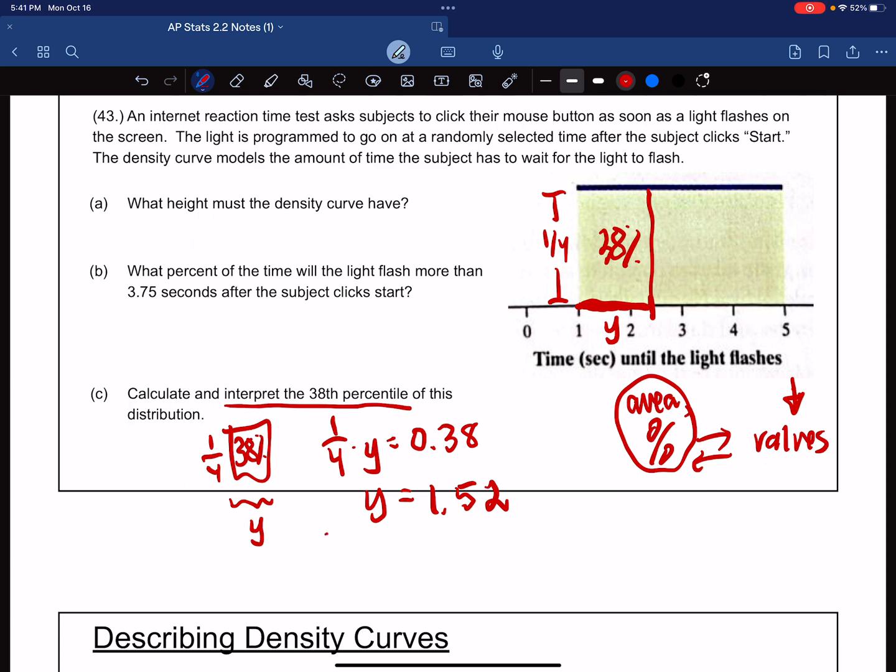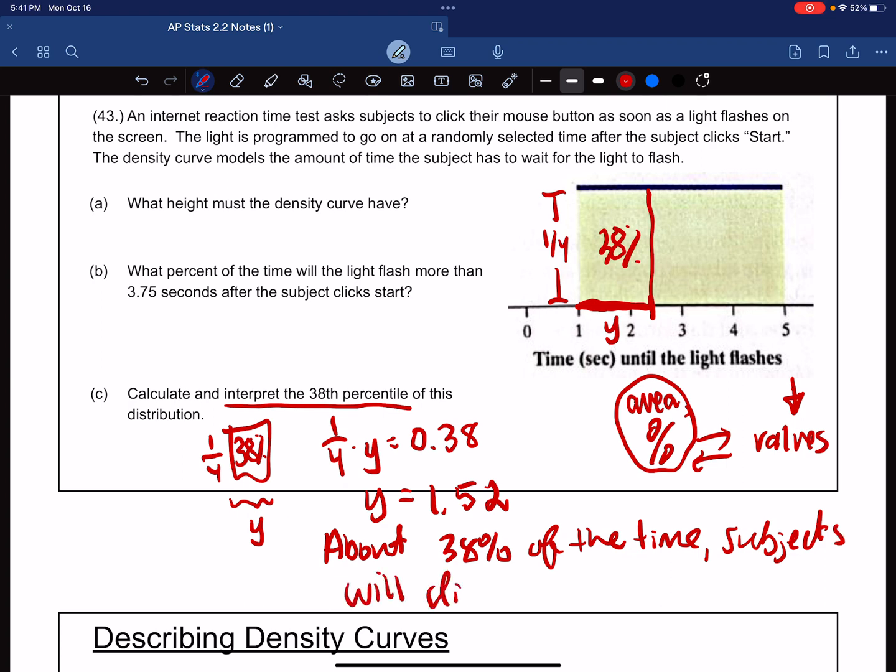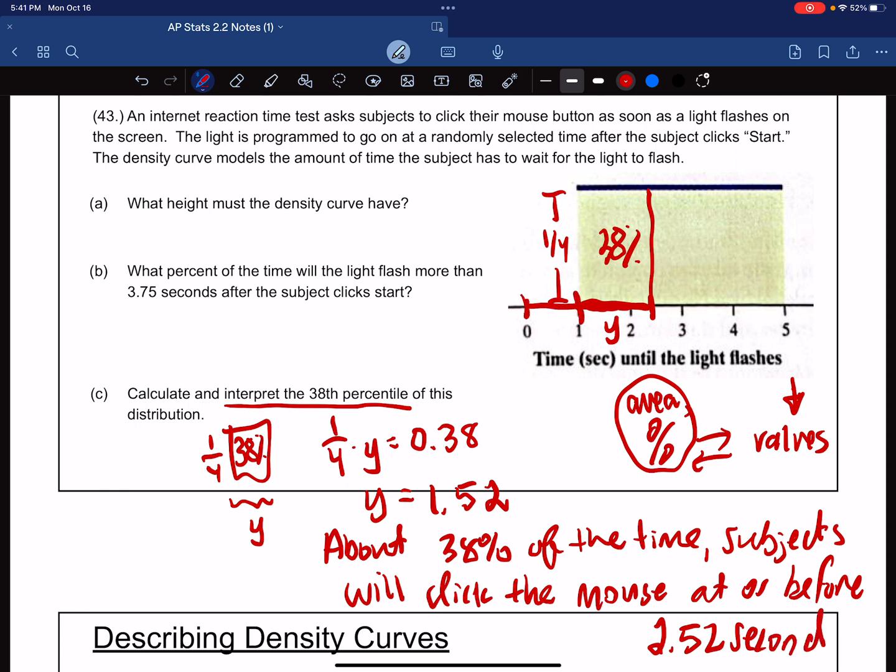So let's just say about 38% of the time, subjects will click the mouse at or before 2.52 seconds. 2.52, because there is that gap from 0 to 1 that we need to accommodate for. Okay? So that was that.